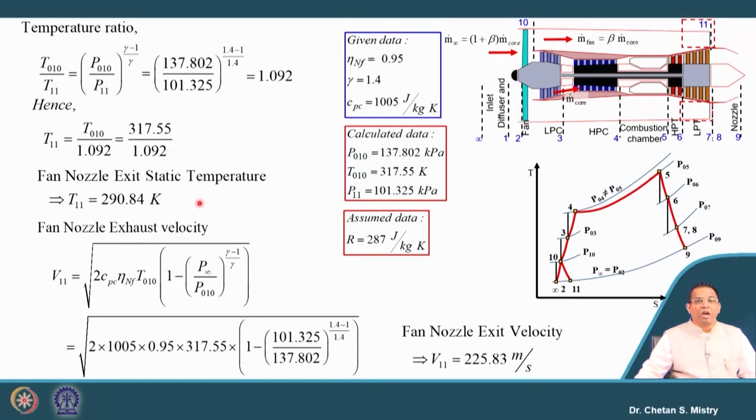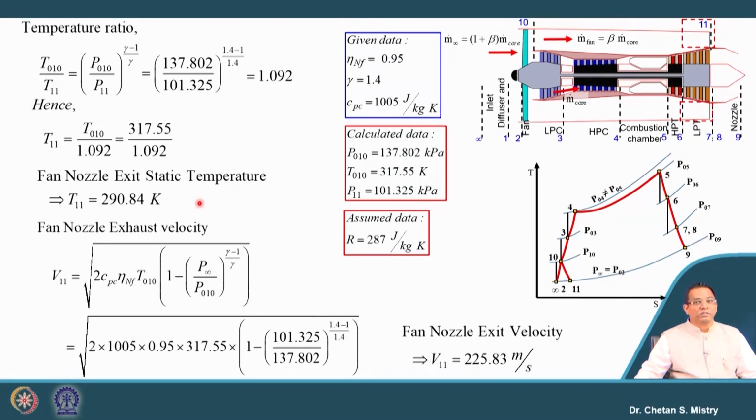Now, since we have our exit velocity numbers available with us, the very next step is the calculation of the performance parameters. The very first parameter we have is our thrust, and we know this thrust comprises hot thrust and cold thrust.